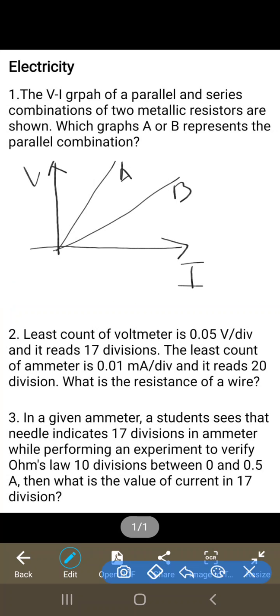Say this is the ammeter or voltmeter dial, and this one is the starting 0 division, and say this one is 100 division, like this.